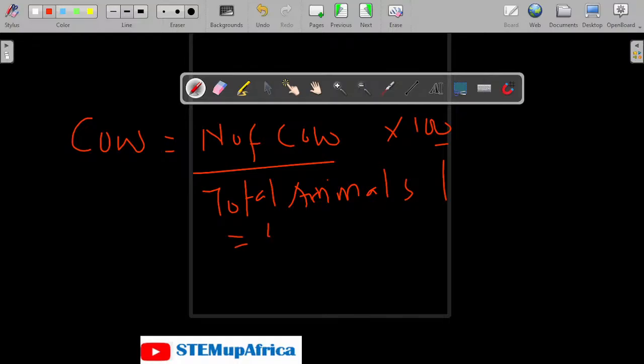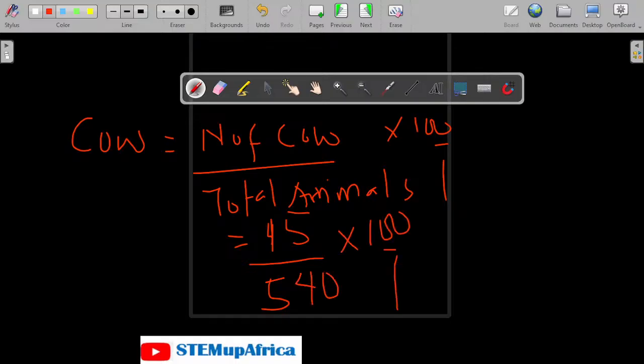So that would be 15 over 540, which is the total number of animals, times 100 over 1, which is 1500 divided by 540.